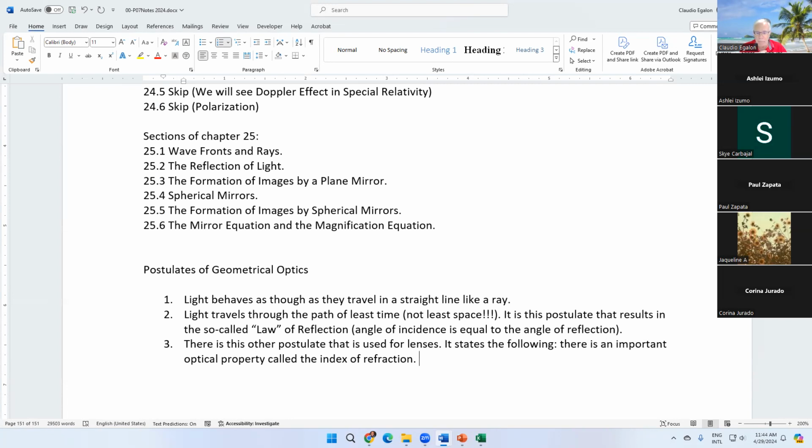The index of refraction n of a material is given in terms of the speed of light: n equals c divided by v.